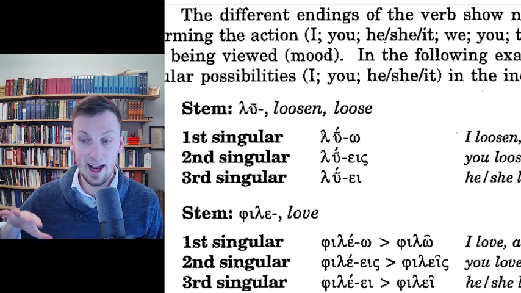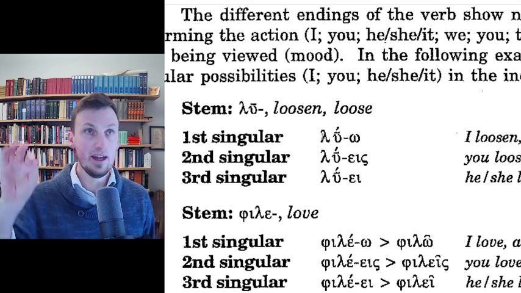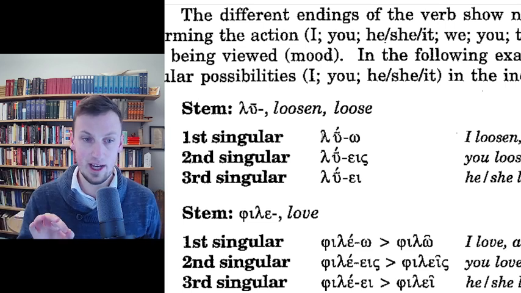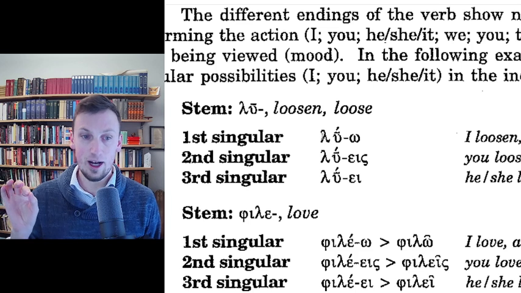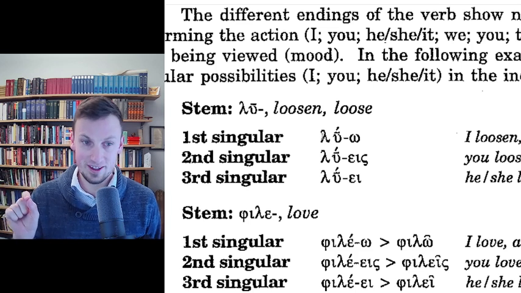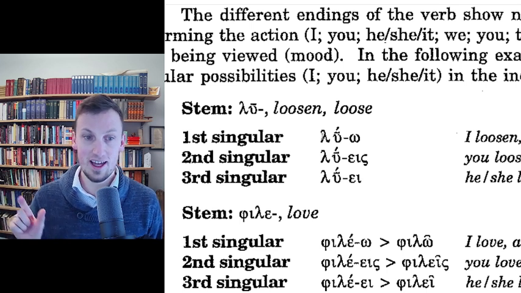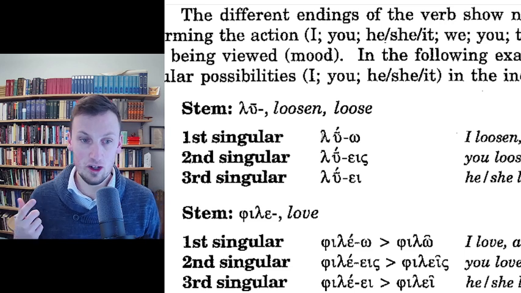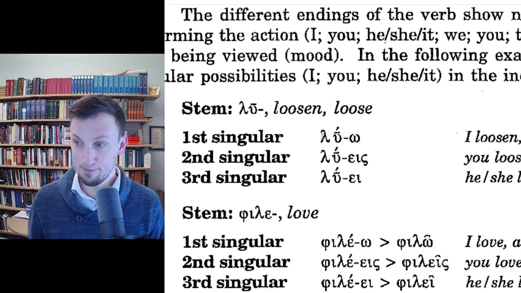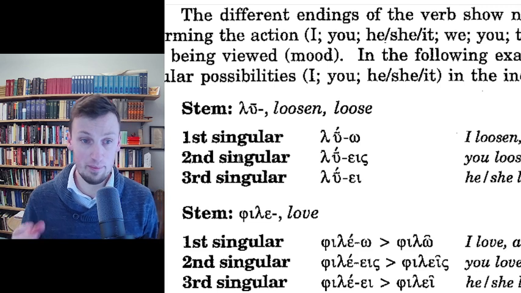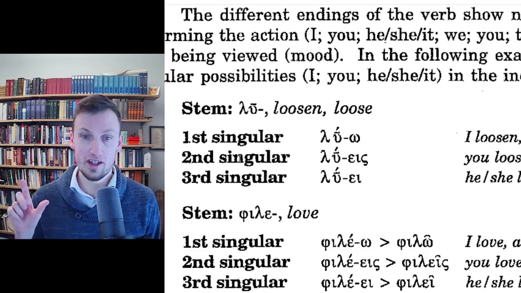And that means it's an active verb, where the subject is the agent of the action. Singular, first person singular, active, indicative. Active means the subject is the agent, and indicative means we are describing reality. As opposed to imperative, which we're going to learn in a second, which is a command.